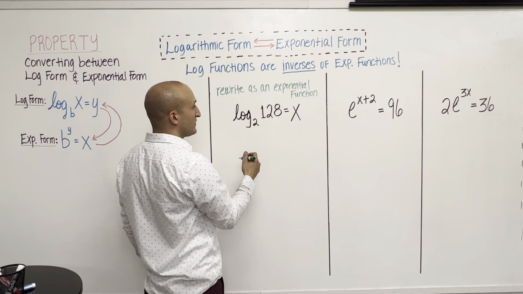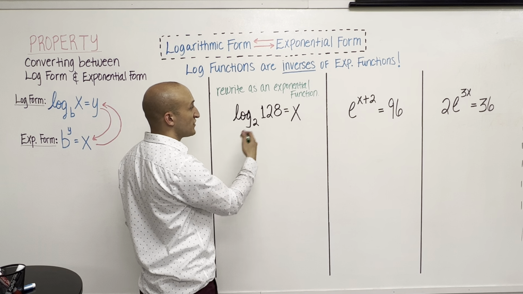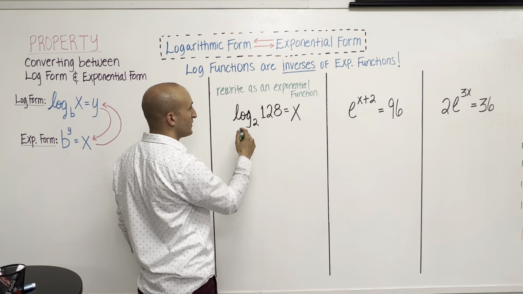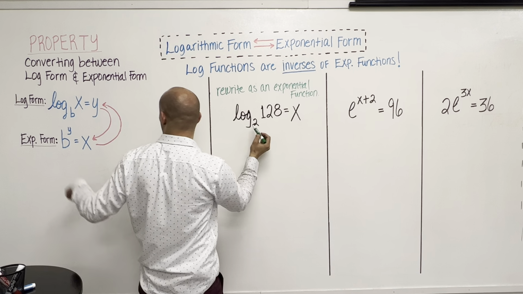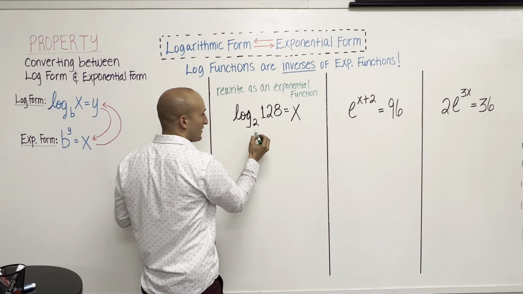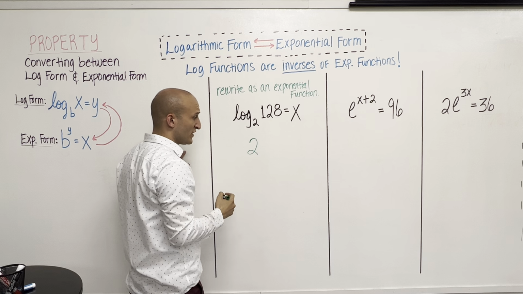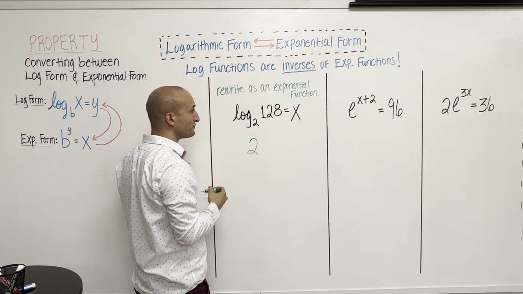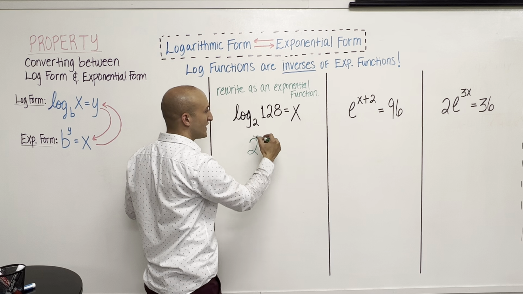So I have this, and all I have to do is change its form. I have a logarithmic form, so I want exponential form. If I follow this, I grab my base and make it the base for this exponential function, then whatever it's equal to will be my exponent.